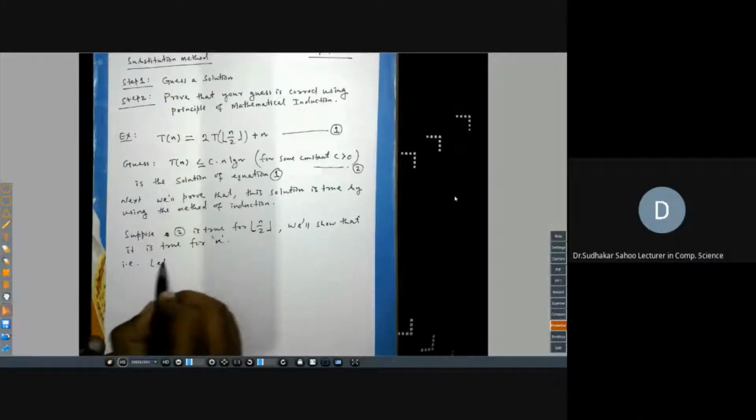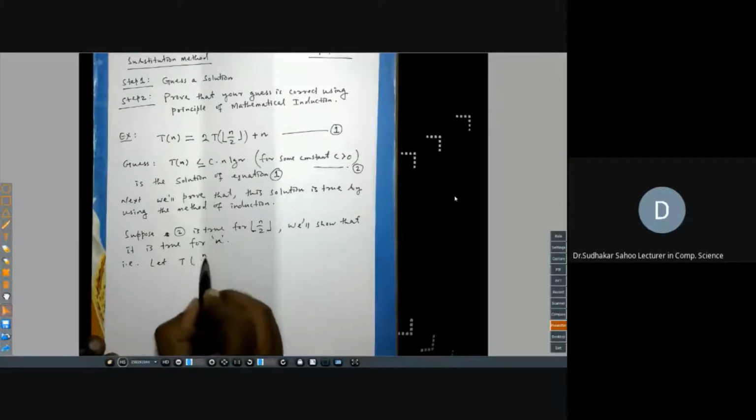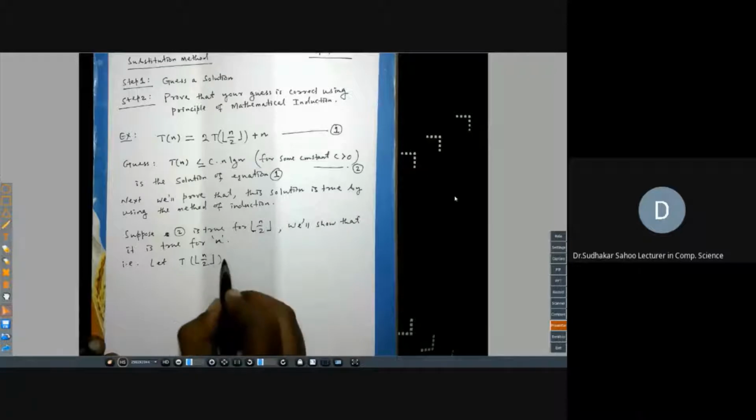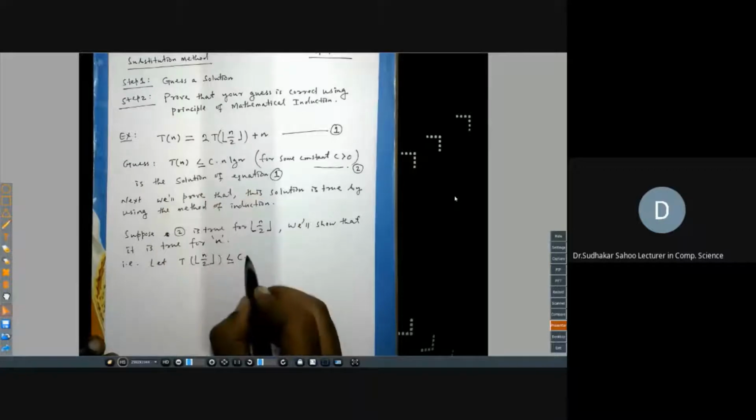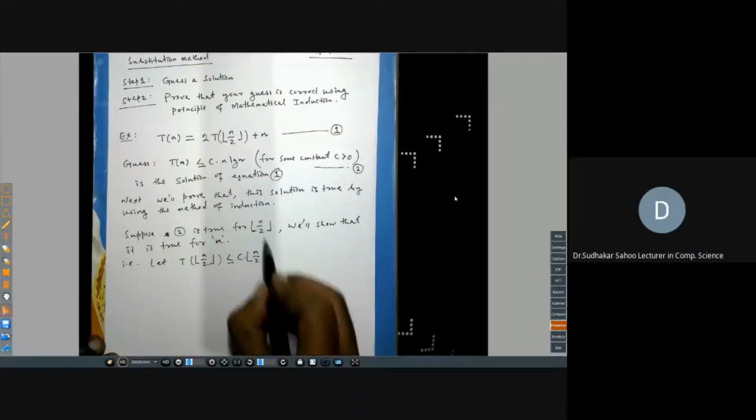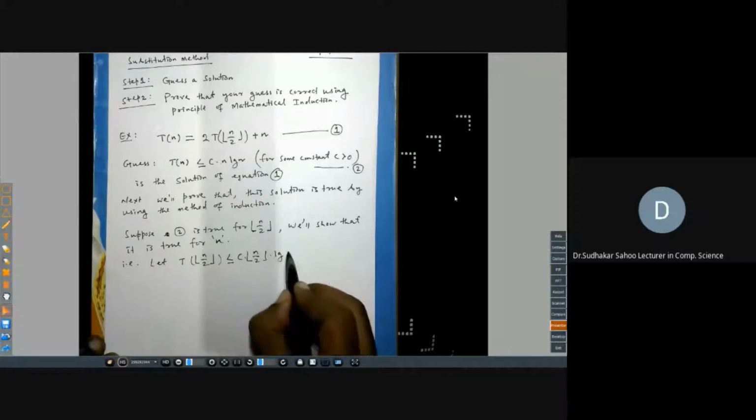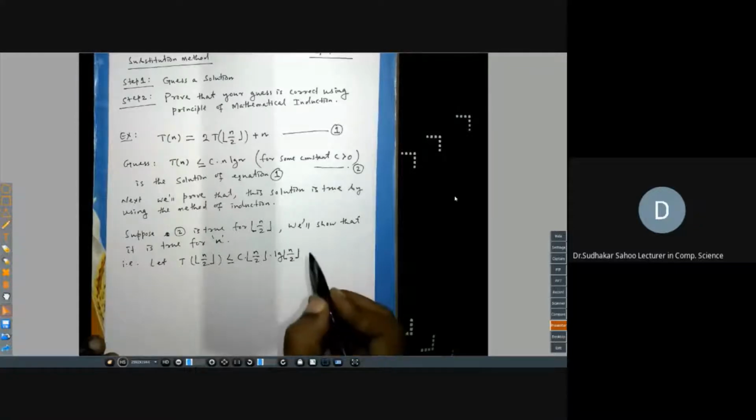Let what you are saying in this step, let T of n by 2 floor be less than or equal to C into, if you put n equal to n by 2, n by 2 floor log n by 2 floor.